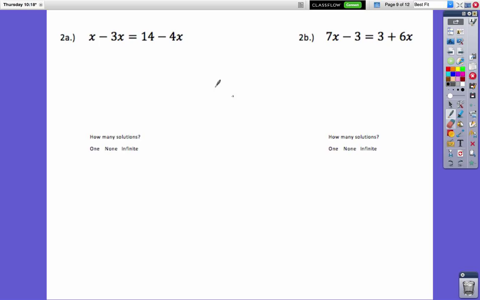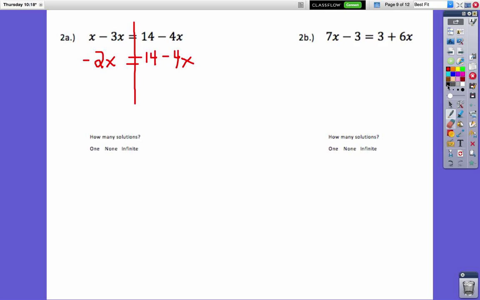For number 2a, let's solve this one again. We're going to try to get x by itself here for 2a. And what you'll notice is we have to combine like terms, so it's going to be negative 2x is equal to 14 minus 4x.